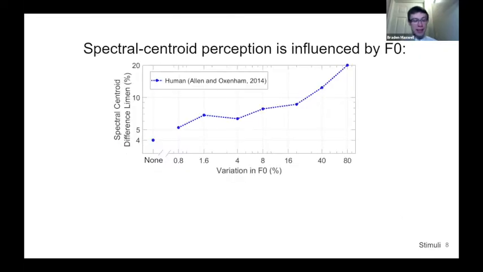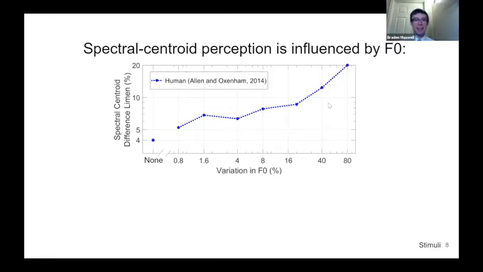Interestingly, Allen and Oxenham also found that when they varied the fundamental frequency on each trial, as well as varying the spectral centroid, it became more difficult for listeners to do this task. The x-axis here shows increasing variation in fundamental frequency. The more the fundamental frequency was varied, the harder the task became.